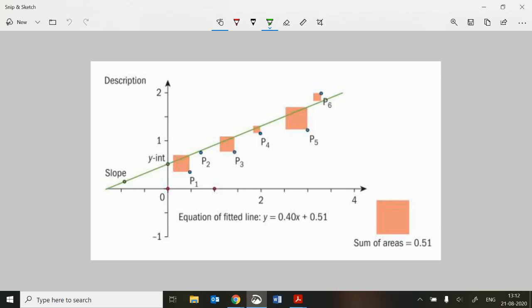Then let's try and minimize the sum of the areas of these squares by putting the line in the right place. Again, I'm not going to be able to explain that one fully, but that's kind of the concept. If you put the line somewhere else, you'll see that you'll get much bigger squares. And there is an optimal place to put this line, which reduces our number of squares.